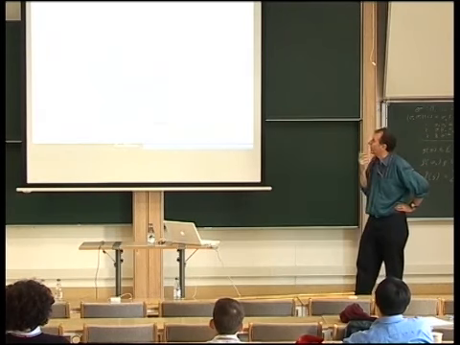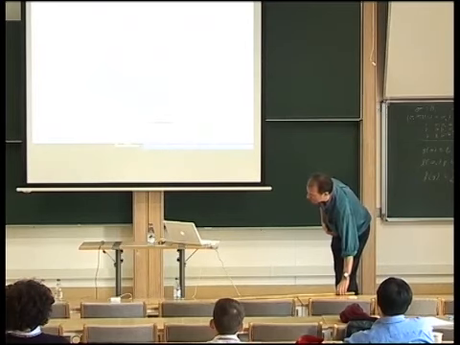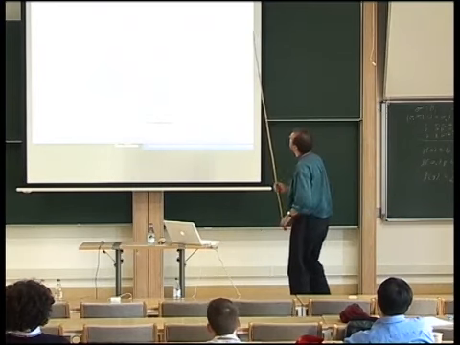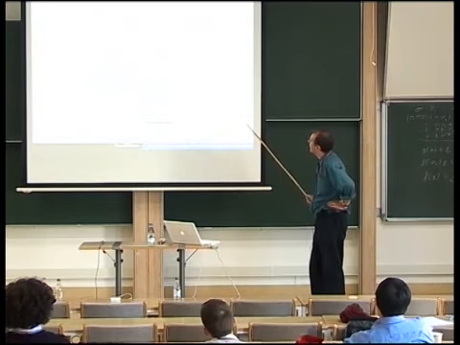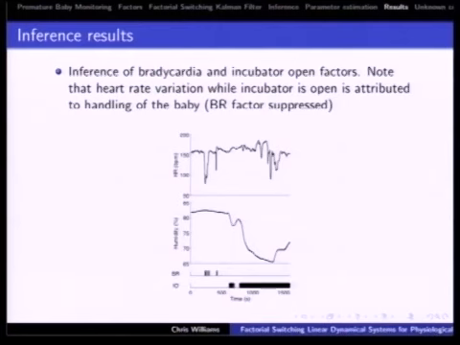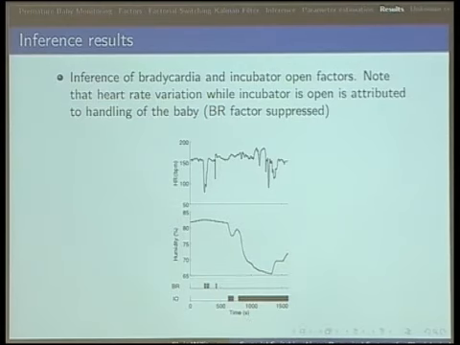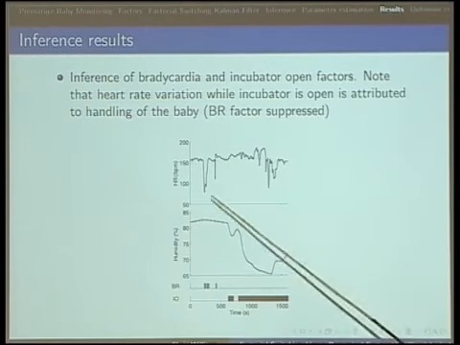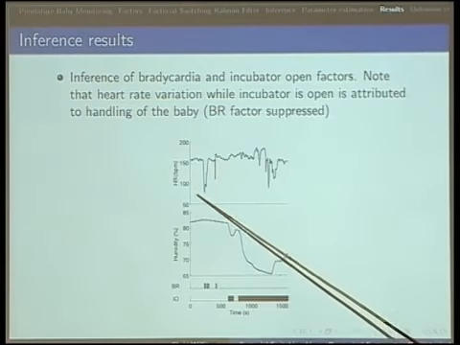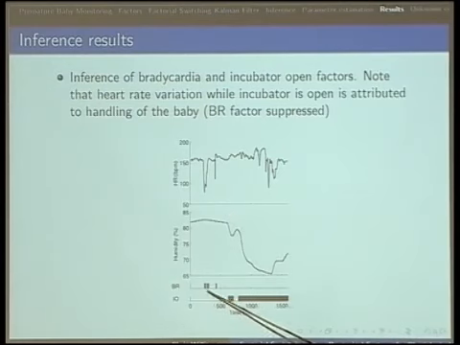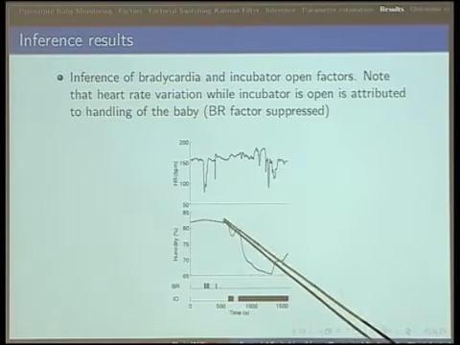Okay, let's just talk a bit more about these inference results. There's some interesting things that can happen here. So, for example, if this is heart rate and this is the humidity in the incubator, and that humidity is a good indicator of whether the incubator is open or not, then down here, when there's a drop in the heart rate, that's flagged up as a bradycardia, a drop in heart rate.